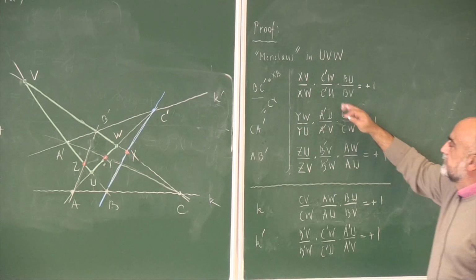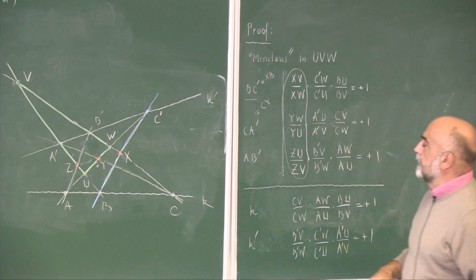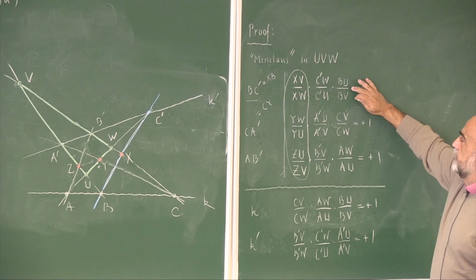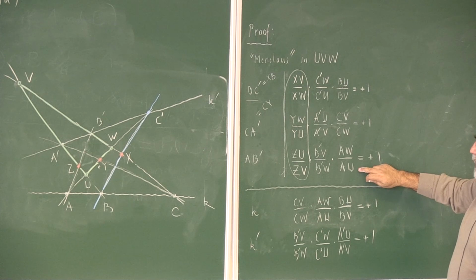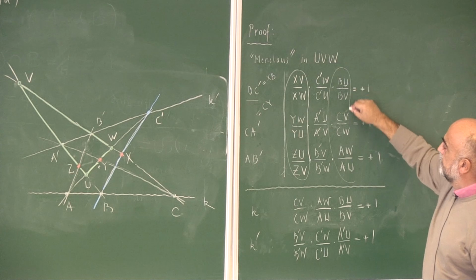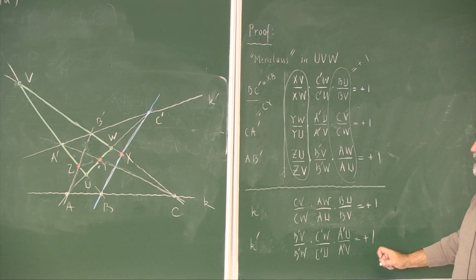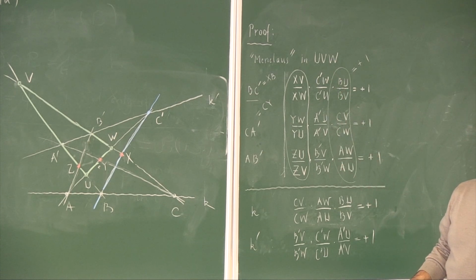Okay, now, ladies and gentlemen, we do the usual thing. You multiply these first three equations, you get this interesting numerical object, and for the rest, all you have to see is that you get the product BU, BV, CV, CW, AW, AU, and this first equation tells you that the product of these three things is equal to +1, whereas the second tells you that this second column should give you +1.